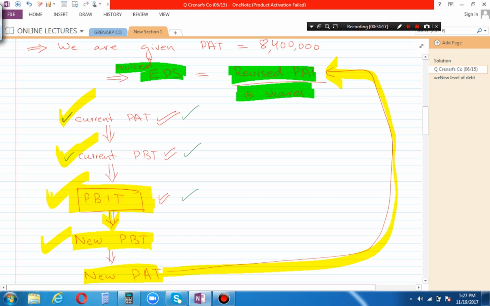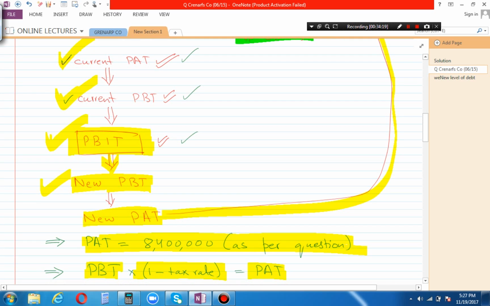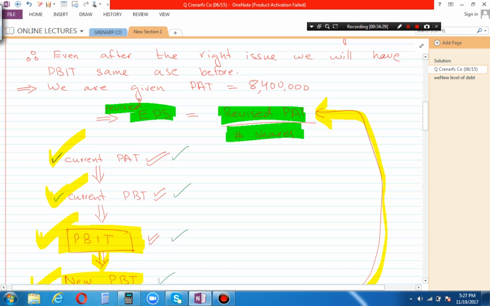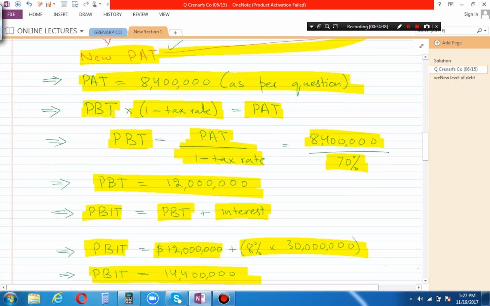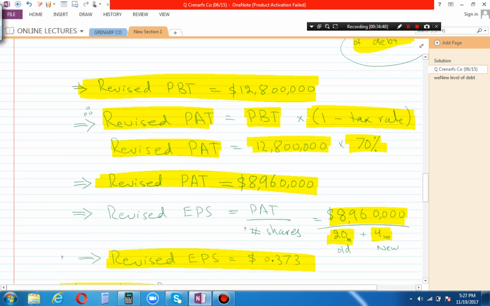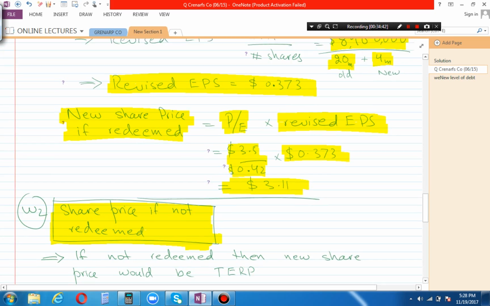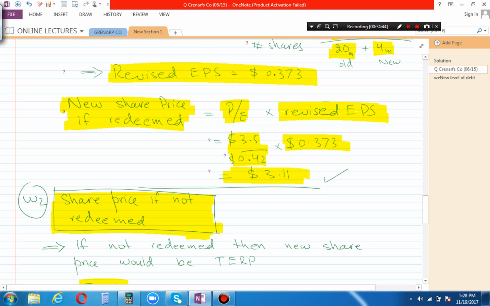Then you deduct the new interest from it and calculate profit before tax. Then you adjust the profit before tax figure with tax, and this will give you your revised EPS. Once you have your revised EPS, then you can calculate your share price.